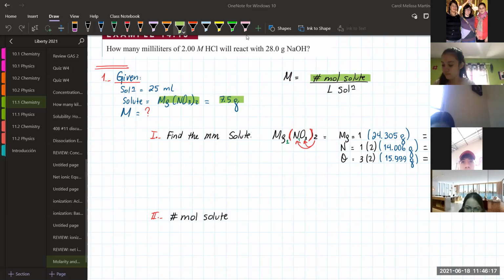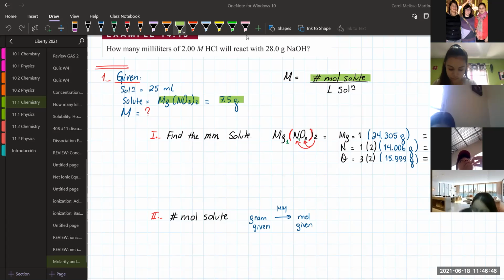From the mass given, I will get my moles given by using the molar mass. Remember stoichiometry. So this will be the path. For grams given, you will get the moles given by using the molar mass. That is the conversion process that we do.